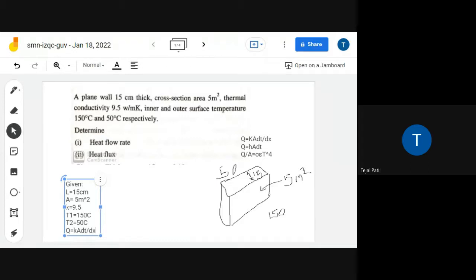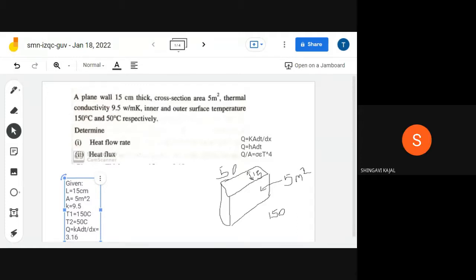Everything is given: K is 9.5, area is 5 meters square, dT is the difference in temperature, and dx is this 15 centimeter. Always remember that this is given in centimeter, so you are supposed to convert it into meter and then find the value of Q. Tell me how much is the Q? 3.16 watt.